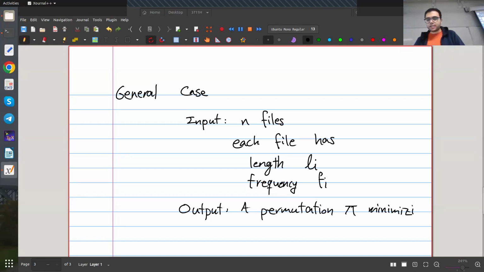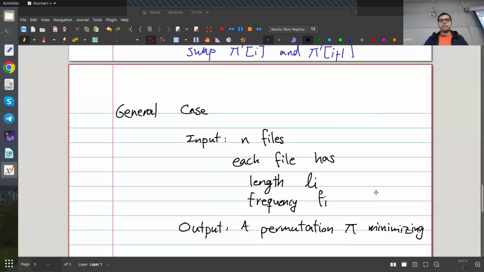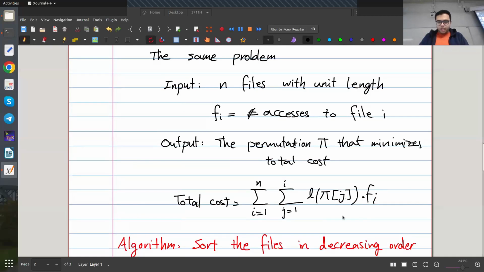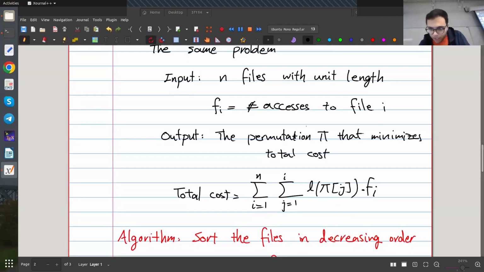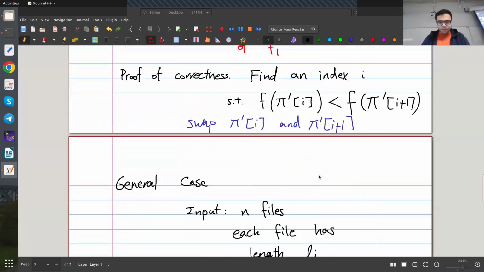Now, my total cost this time is going to consider both length and frequency, right? I mean, I already had this here, but here all the lengths were just 1, right? So all of these lengths are basically 1 in this case. But if the lengths are not 1, then I get the other case. So I said they all have unit lengths.